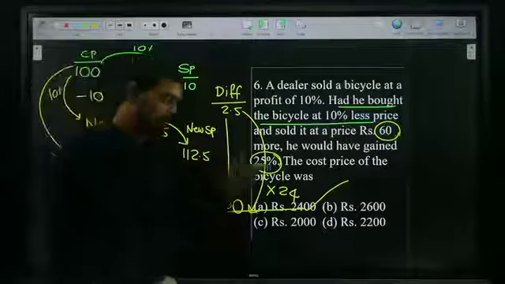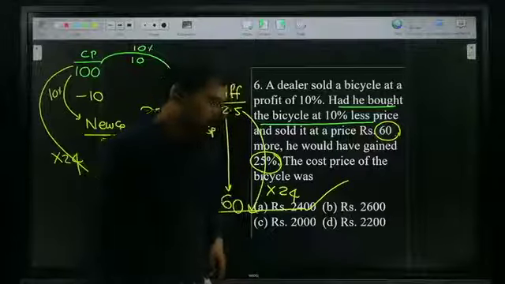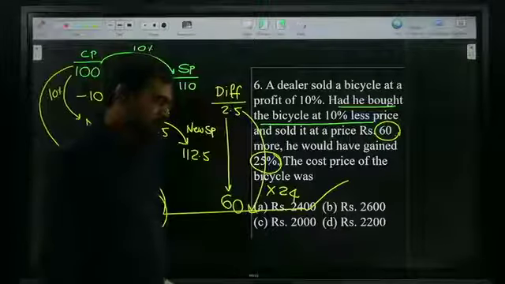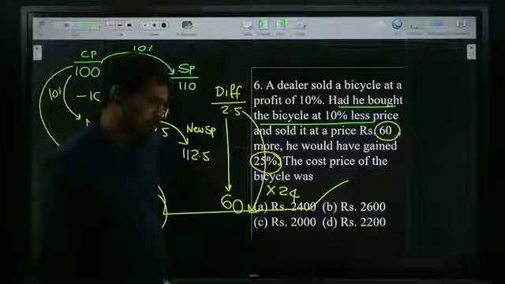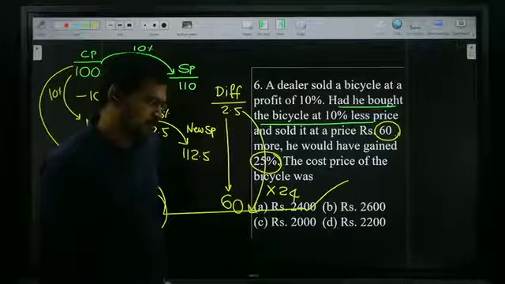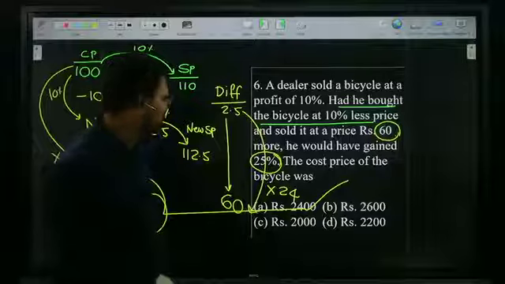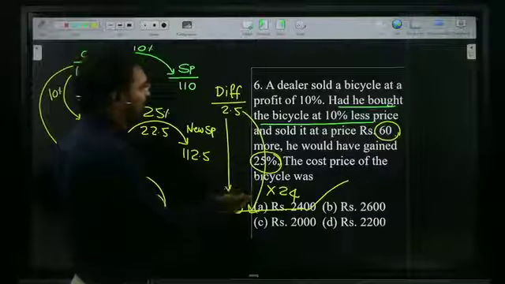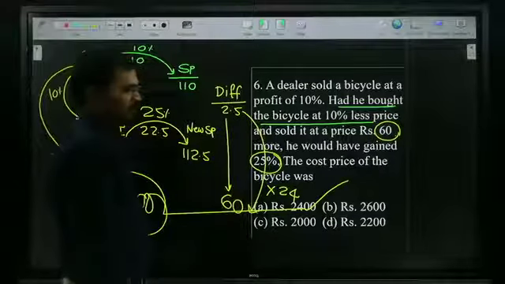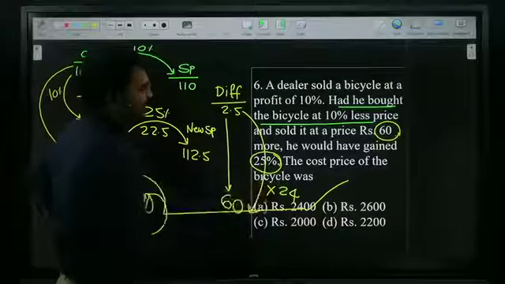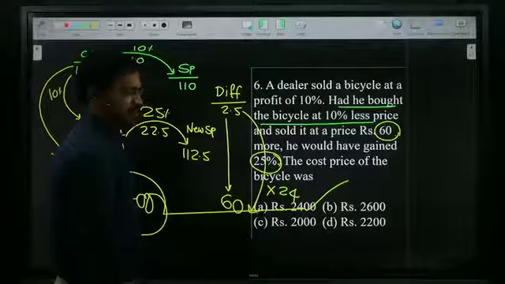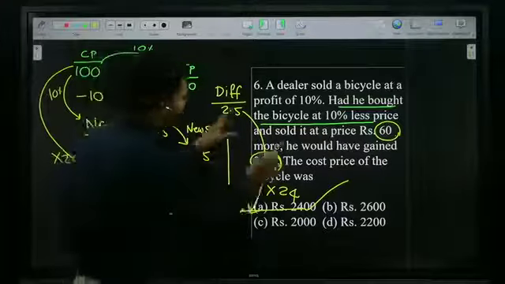Sunny is asking, sir, you said a formula for when two numbers are numerically the same. But this is not numerically the same, right? Sunny, is there any word like numerically same in this question?